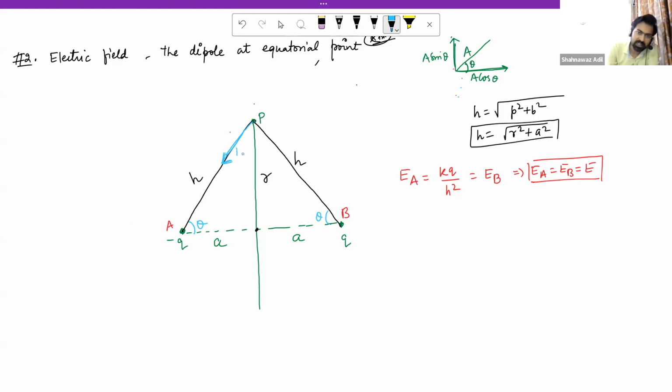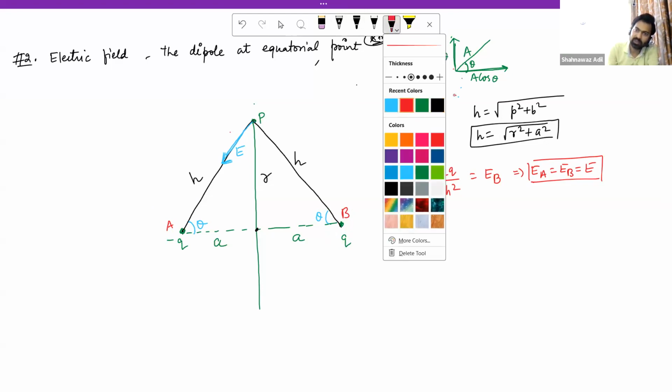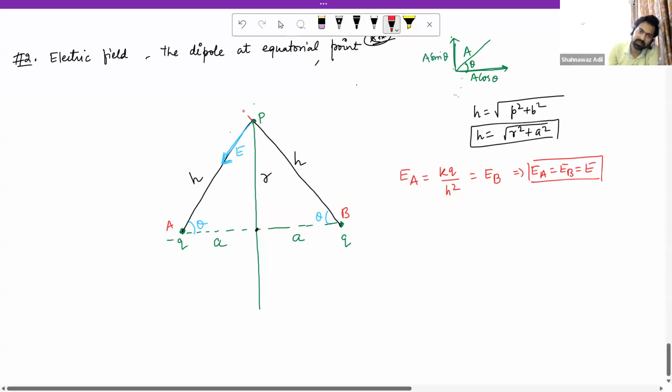So this is E. Due to this plus Q charge, the electric field would be repulsive, so that would be in this direction. Both are E because the magnitudes are same. That is why I have written E. So this should be EA, this should be EB, but both are same, so no need to write EA and EB. So is this part clear?